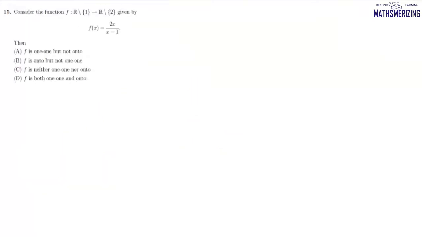Now question number 15 is, we are given this function f(x) equals 2x upon x minus 1 defined from R minus 1 to R minus 2. We have to find whether this function is one-one, many-one, into or onto. Now for one-one, we'll take f(x1) equals f(x2). So it will be 2x1 upon x1 minus 1 equals 2x2 upon x2 minus 1.